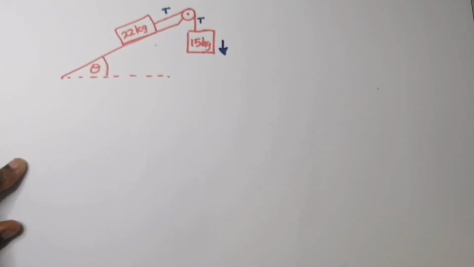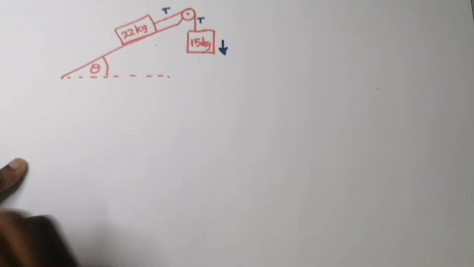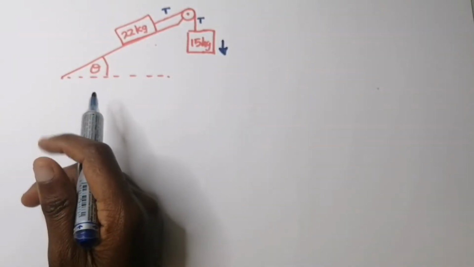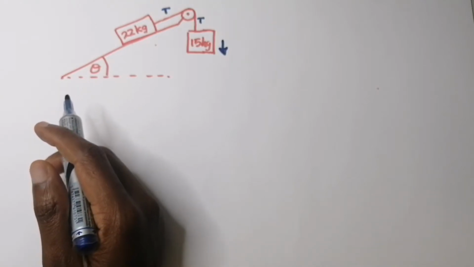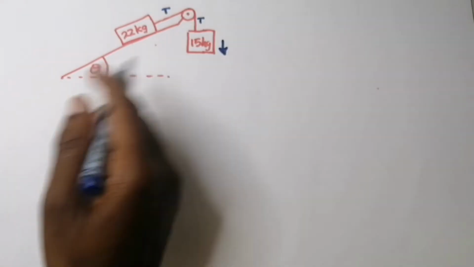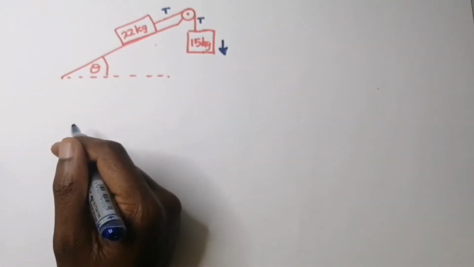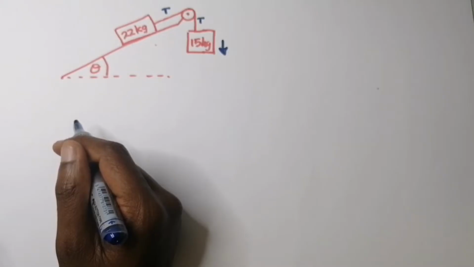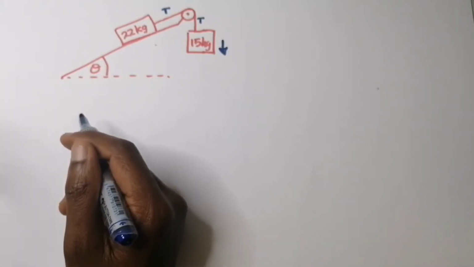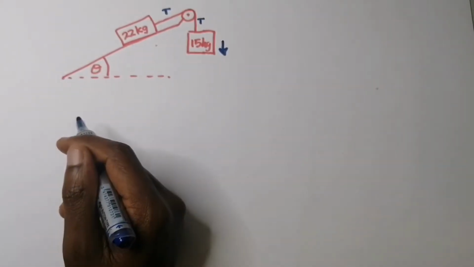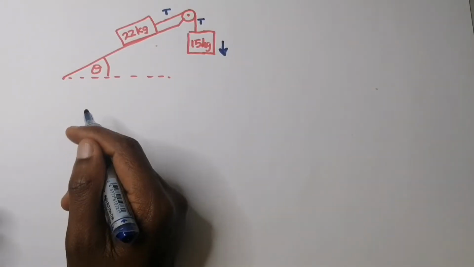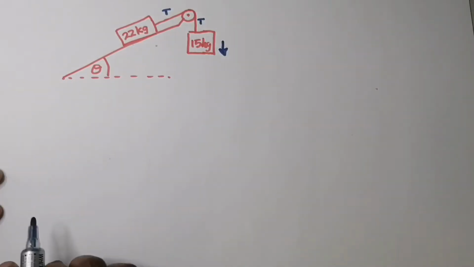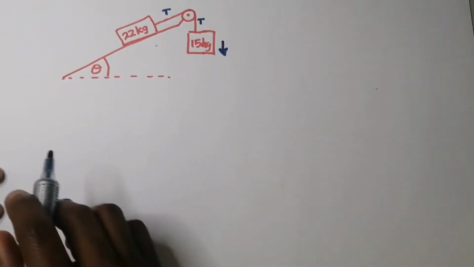Now please remember, ladies and gents, the moment they tell us that it's at a constant velocity, of course we haven't gotten to the part where we are answering the questions, what it simply says to us is that the acceleration of the system is zero. Please remember that there's no change in velocity, right? What is acceleration? It's change in velocity divided by the change in time. So in this case, when they say it's constant velocity, the velocity stays the same, so the acceleration is zero.